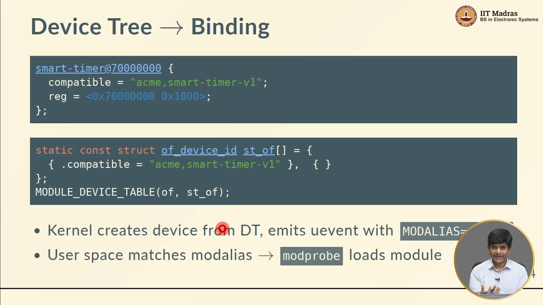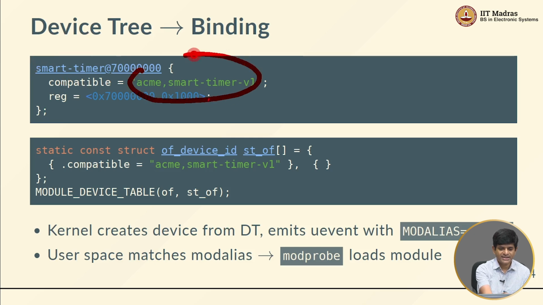So just a recap, right, as we already saw, in the device tree, we provide a binding, and effectively what we are saying is I have a device which I am going to give the name smart timer. I also specify what it is compatible with, right, and this string over here, the Acme smart timer V1, is something that's entirely in my control.